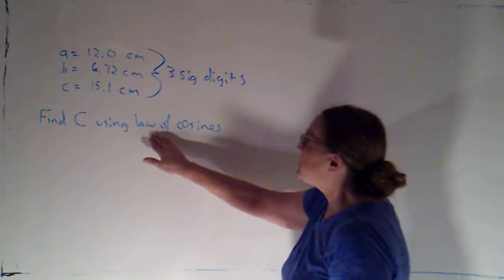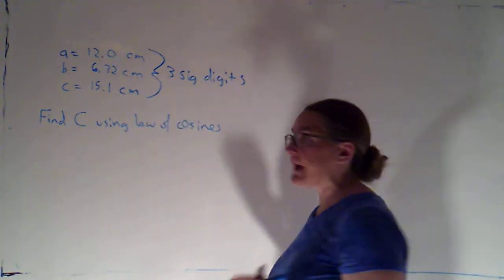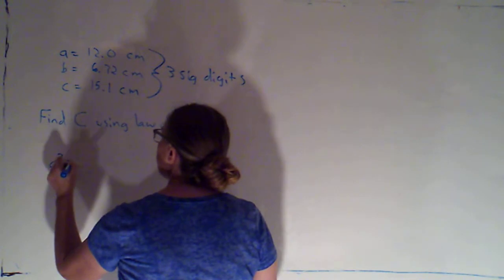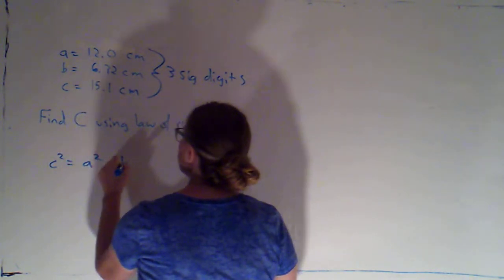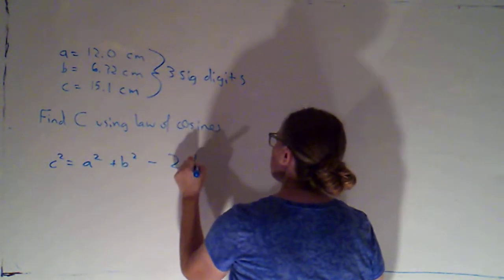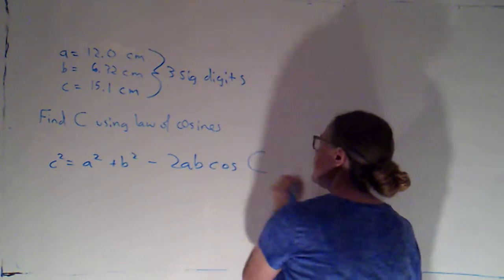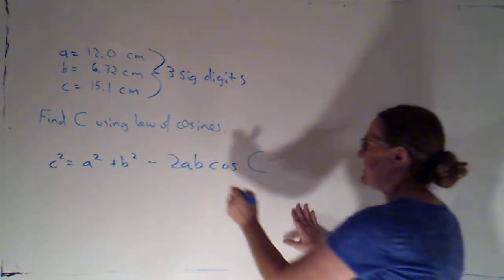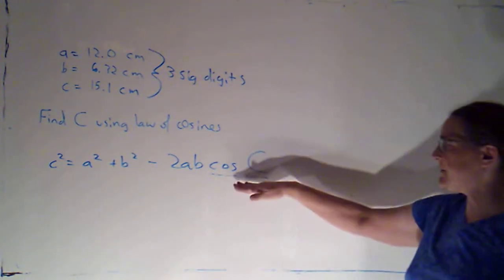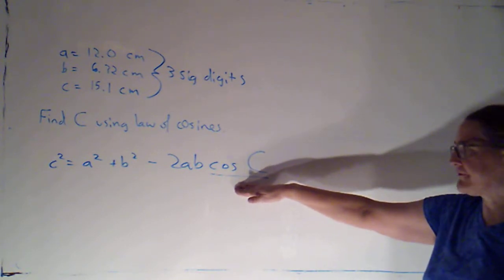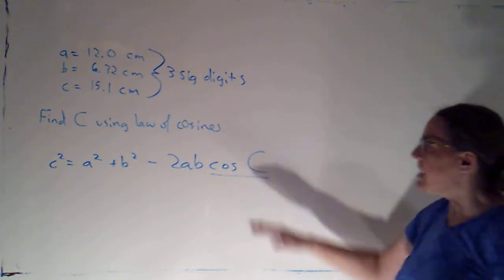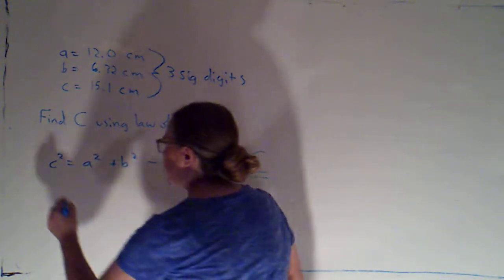Okay, so I'm going to use the version that singles out C. That's C squared equals A squared plus B squared minus 2AB cosine of C. Now, since angle C is what I don't know, it makes sense to solve for cosine of C. So I'm going to subtract these over.